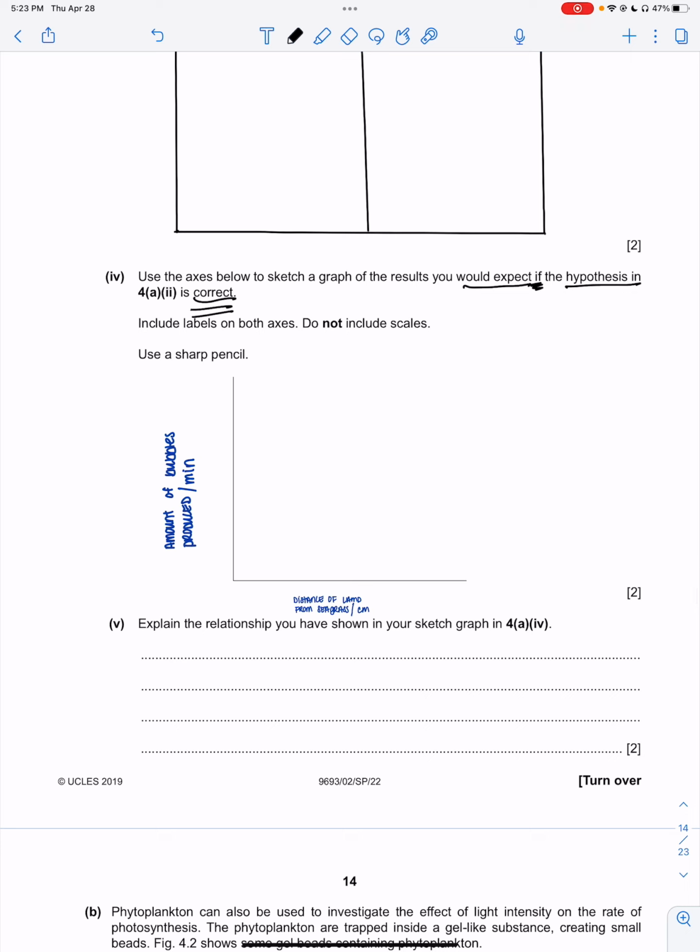So we would say you would think as light intensity increases, the rate of photosynthesis, or gas bubbles produced, increases. Or we would have 0. And again, it says include labels on both axes. You don't need to include a scale, but I'll go over here to 50.